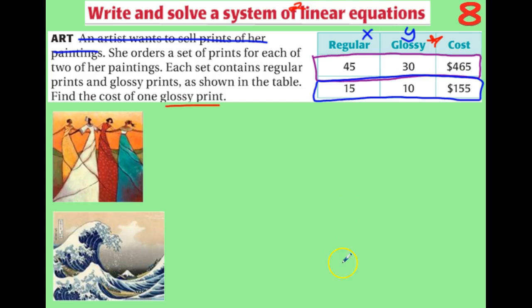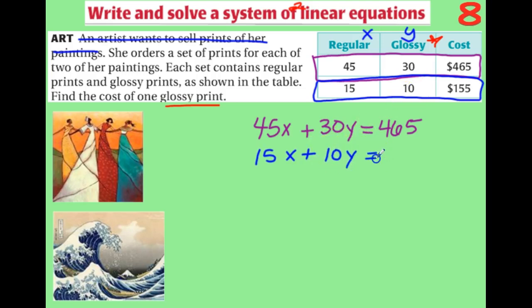So the first one, in purple here, we have 45 of x, the regular print, plus we got 30 of y, the glossy print, for a total of $465. The second set of prints that she got: 15 of the regular x, plus 10 of y, for a total of $155.